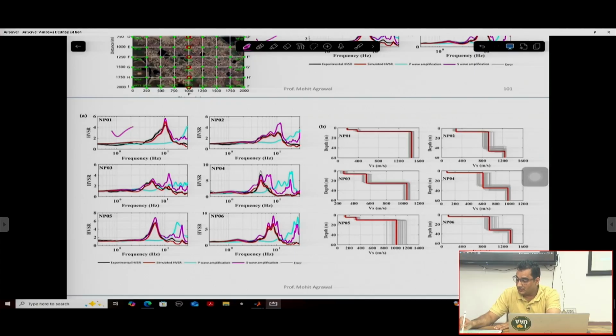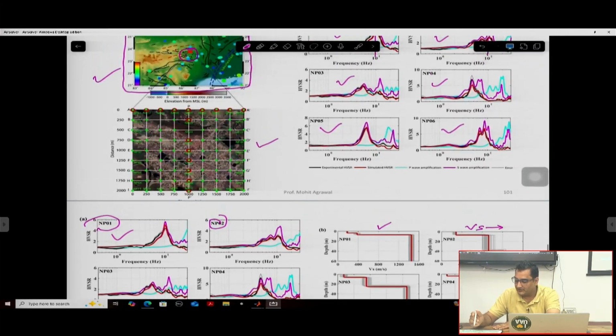Okay, so these are the shear wave velocities. So on the x-axis you see the shear wave velocities for different data points. So the data points are like NP01, NP02. So their names you can see in the map also. So these are the names.